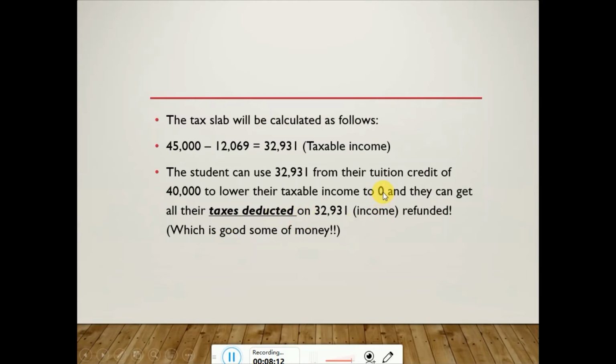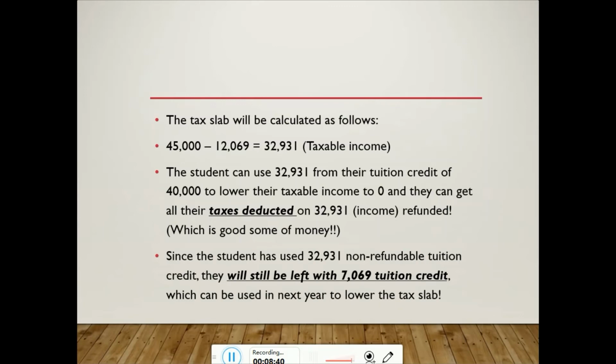So roughly when you see your T4 and you see that your income tax was maybe $4,000 or $5,000 on 45,000 yearly income, then chances are you may get that entire 4,000 or 5,000 back if your tuition credit helps to bring your taxable income to 0. So that is why it is very important to collect tuition credits.